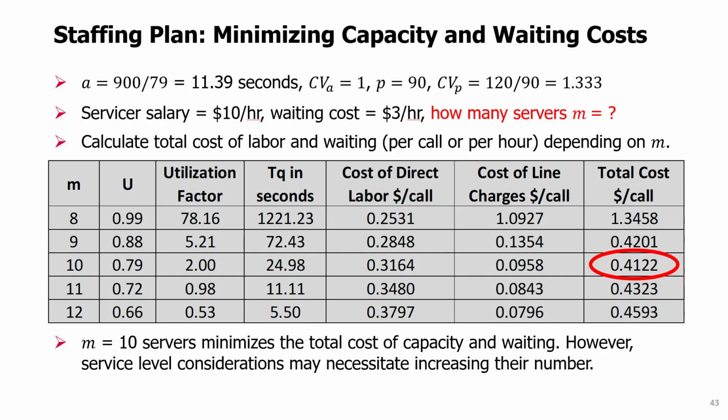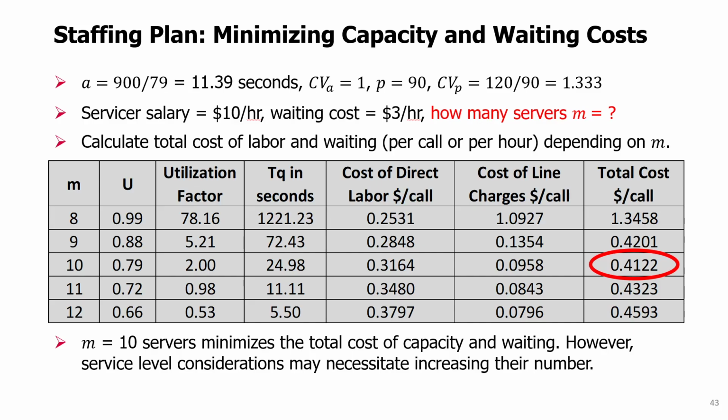Managing staffing levels: I have two types of costs to consider. Cost of capacity is related to the number of workers or customer service representatives that I hire. On the other hand, I have the cost of waiting, or cost of line charges in total, that I pay because this is maybe a toll-free number.